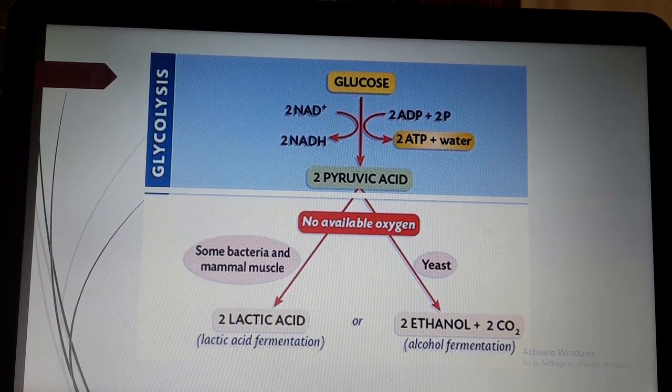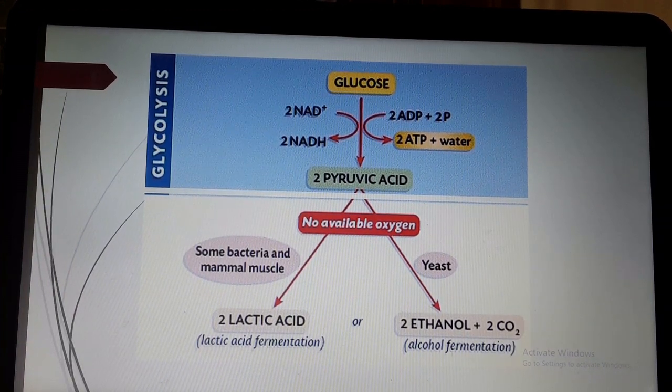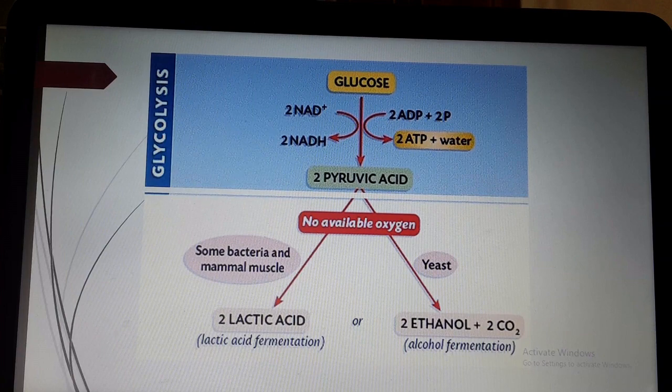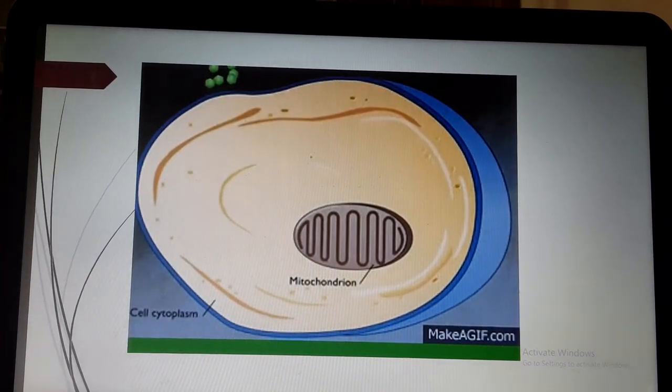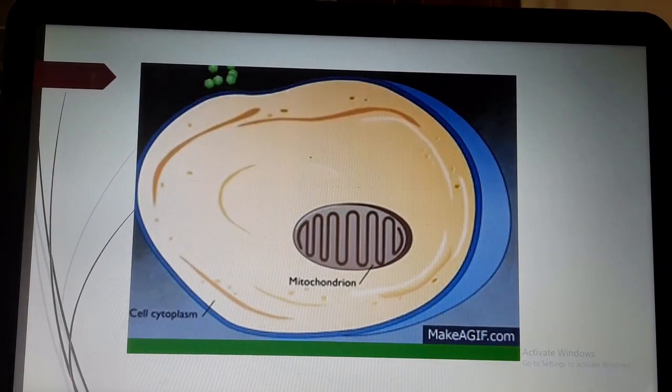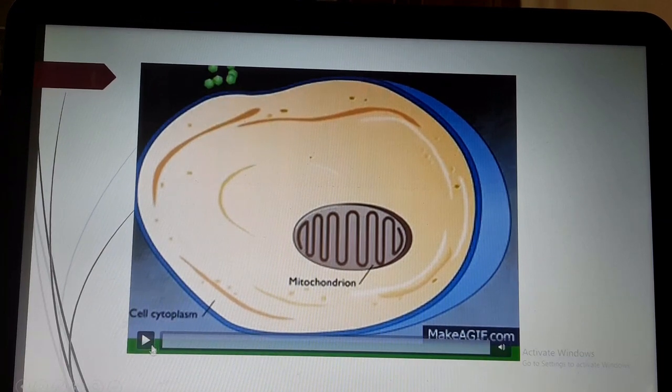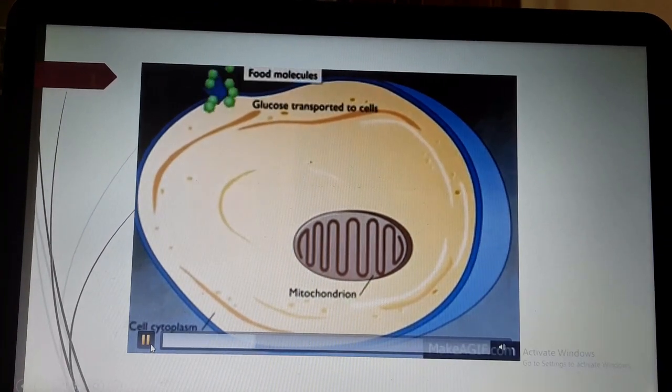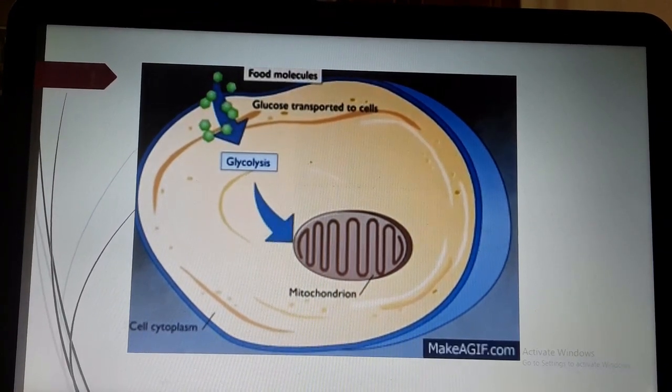Here you got information regarding the products. So let's have a look. If it is aerobic, what happens? Glucose enters the cytoplasm.